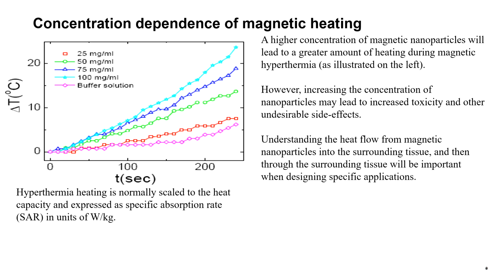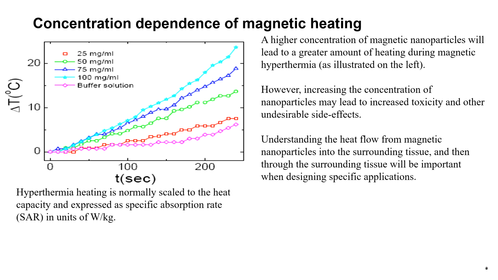So for concentration dependence of magnetic heating, you can see here that different magnetic concentrations are used: 25 milligram, 50 milligram, and you will find that this relationship is very different with the system. So this is your buffer, and as you add more and more nanoparticles per milliliter, the effects are different.